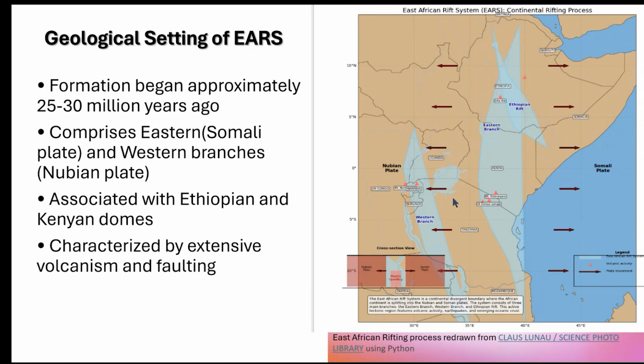Well, it's an excellent question. And part of it has to do with, you mentioned the fact that extension is larger in the north than it is in the south, which brings up the way you've depicted the Ethiopian rift relative to the eastern branch. The Ethiopian rift is simply the northern part of the eastern branch.